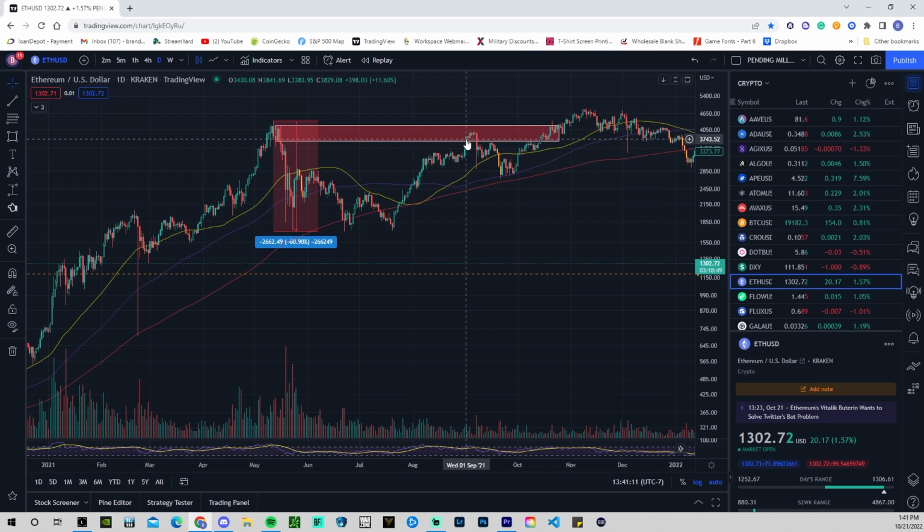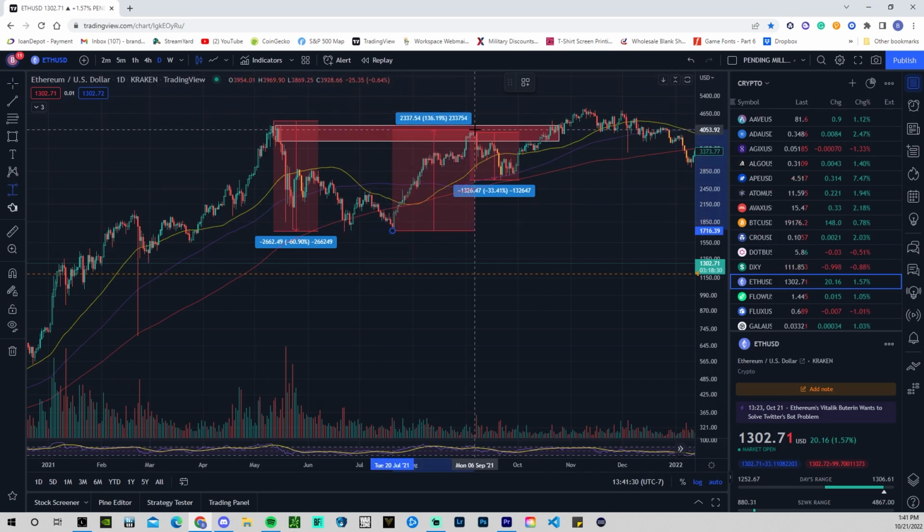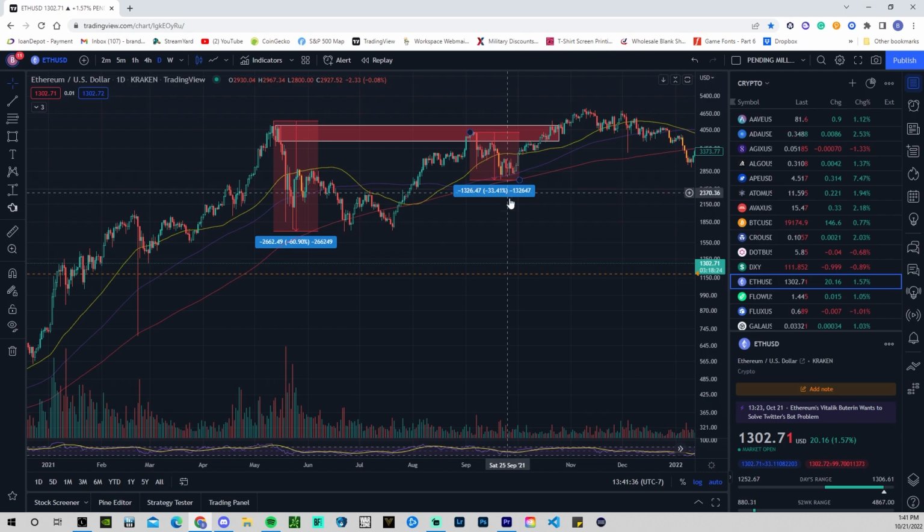In this case, it retested and had another decent sell-off. It didn't break the zone and had a 30% sell-off. After this initial sell-off settled, a reversal happened. Let's look at how much that was. We had a 136% gain, and then we had a 33% sell-off.